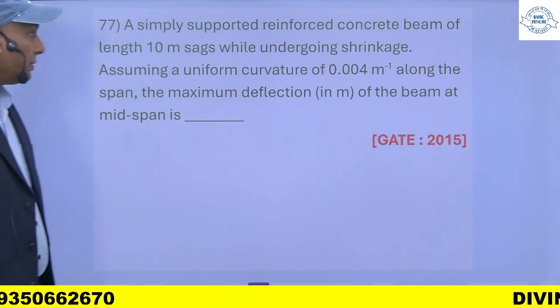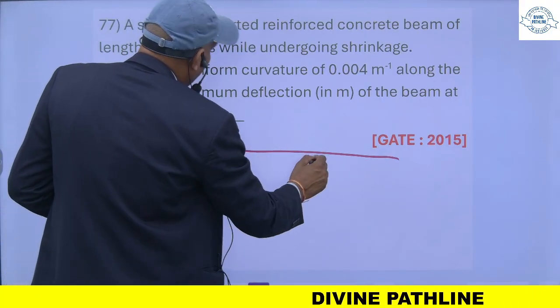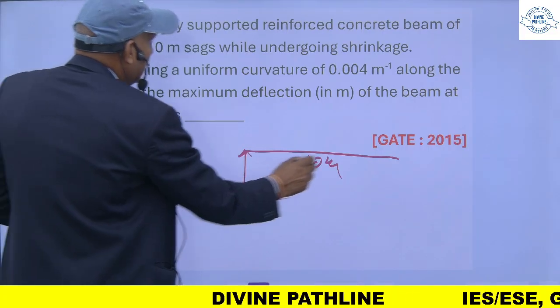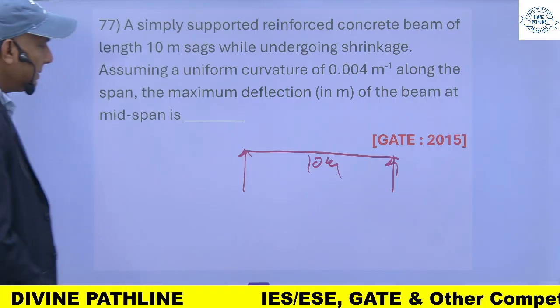A simply supported reinforced concrete beam of length 10 meter sags while undergoing shrinkage.